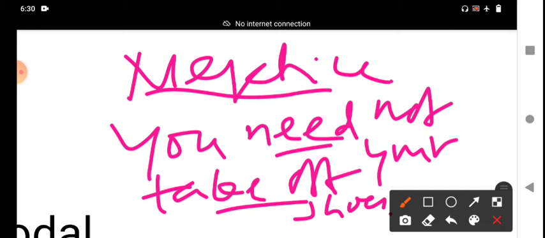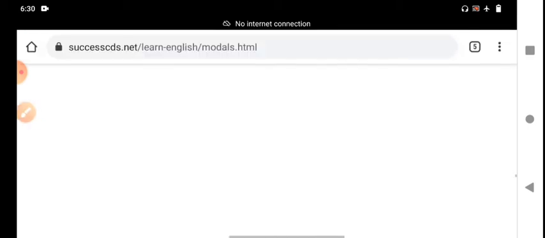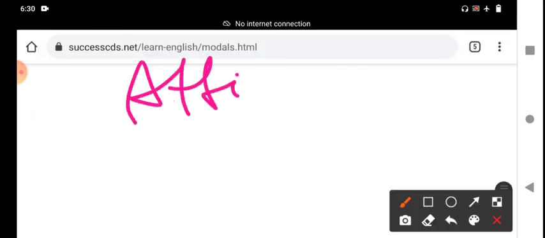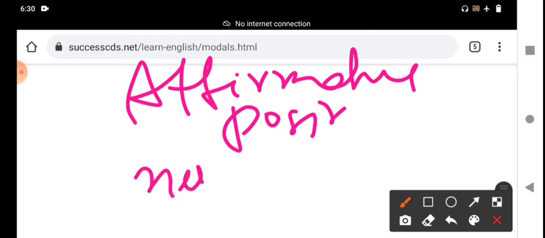That is more important. Need is also sometimes used in an affirmative sentence. Affirmative means positive sentence. What words should we use with an affirmative, positive sentence? No one, never, nothing. Never is partially negative.